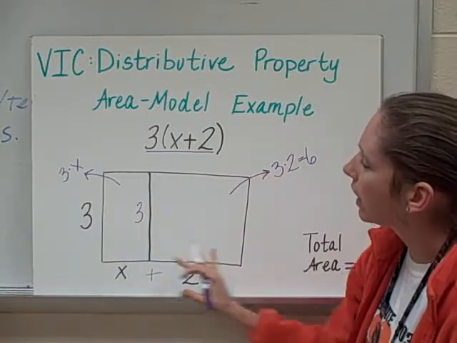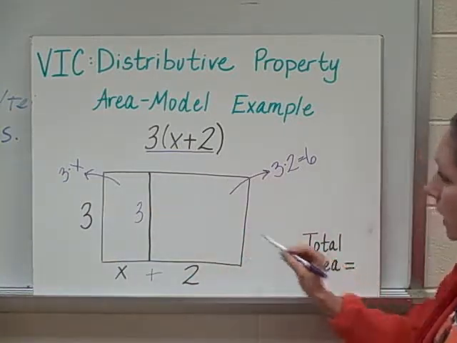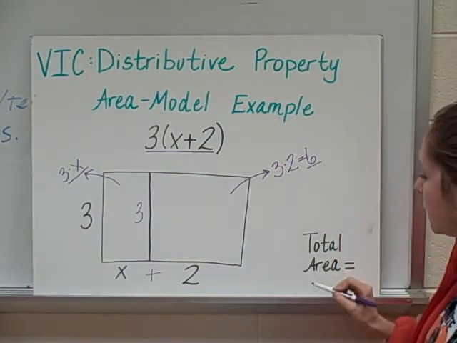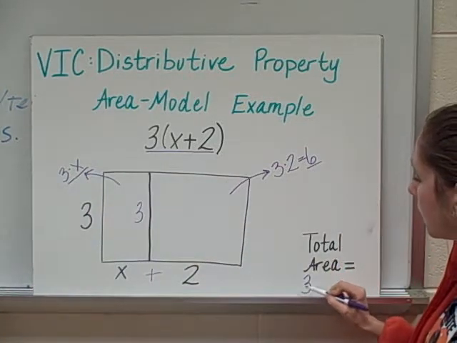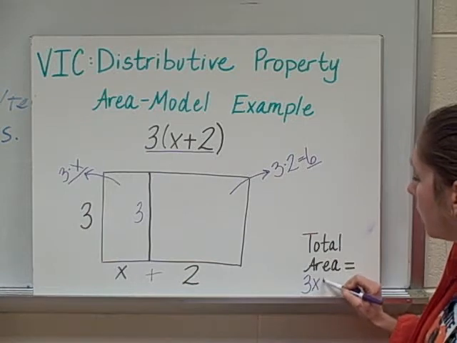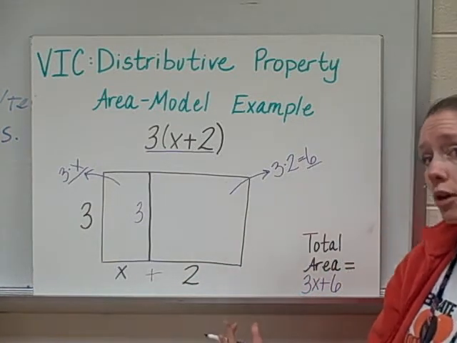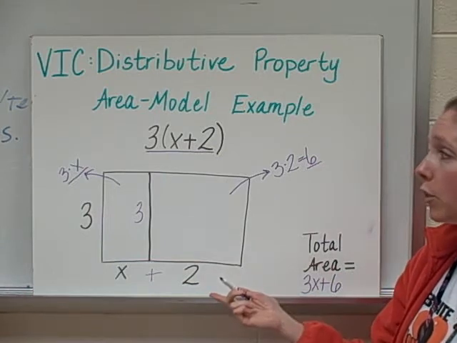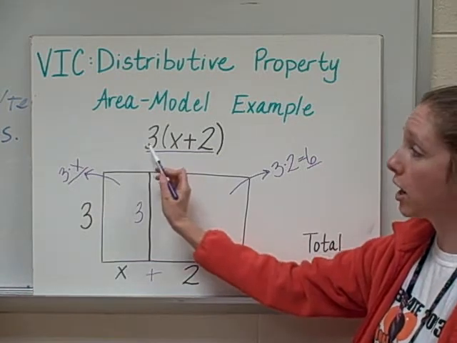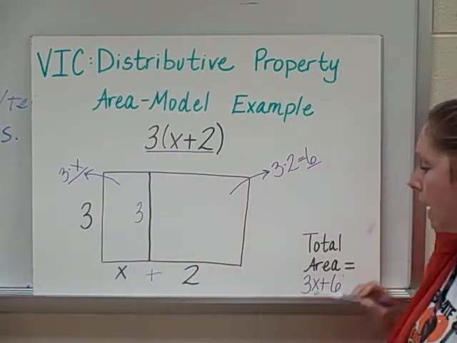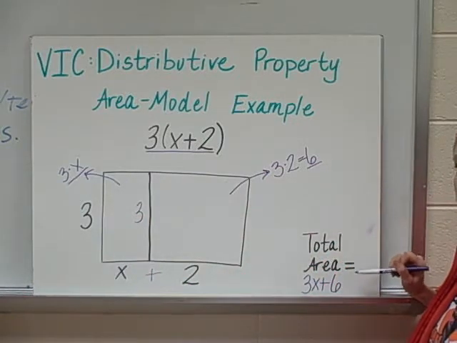The total area of this rectangle is 3x plus 6. On the next slide, I'm going to show you how this connects to the distributive property. So just keep in mind what this looks like. I started off with 3 parentheses x plus 2, area model, and I ended up with 3x plus 6.